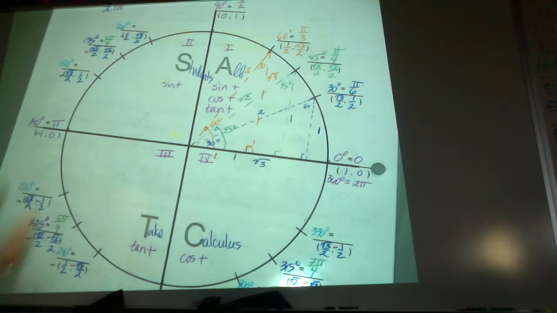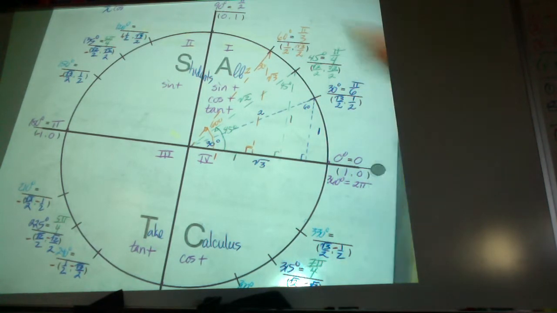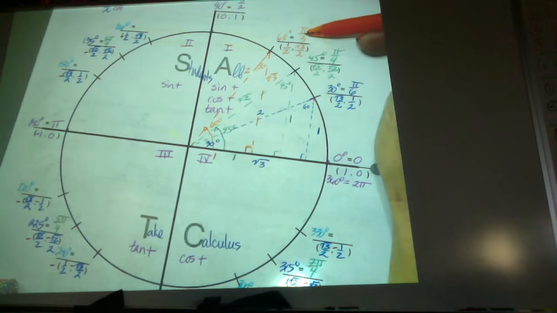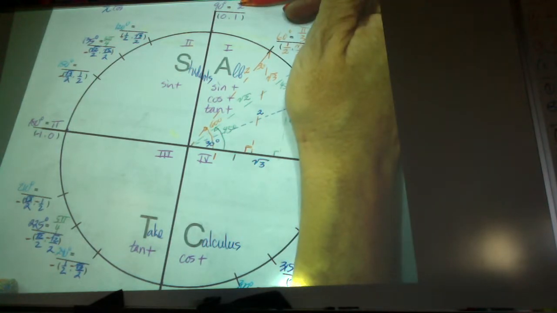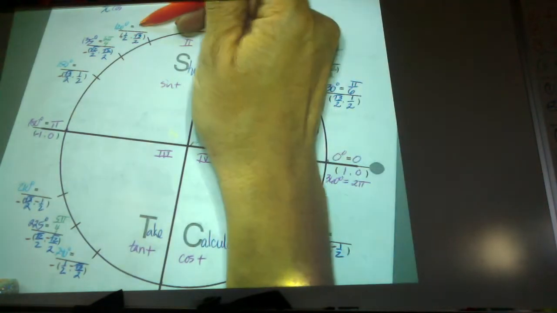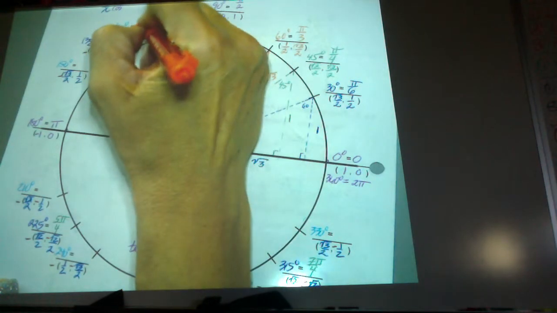But last, we're going to count by 30s, or by pi's over 6. If I count by pi's over 6, my pi's over 3 are going to reduce also. So this is 1/6, 2/6, which reduces to 1/3, 3/6, which is 1/2. This is 4/6, which reduces to what? 2 pi over 3.